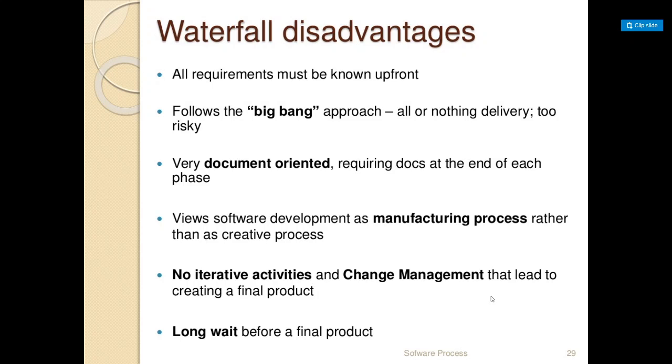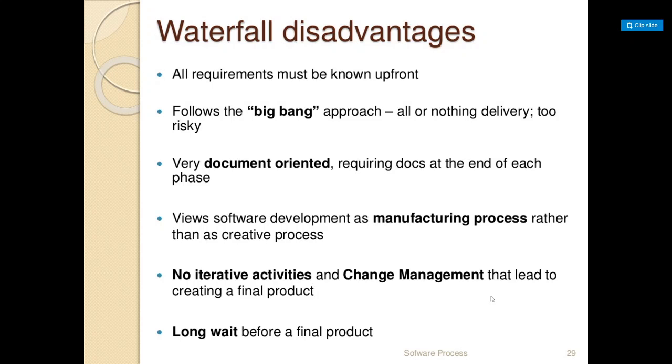It is also very document oriented, that is, at the end of each and every phase a documentation has to be maintained. There is no way you can skip this documentation, because it's very crucial for the next phase in the system. Next, it treats software development as a manufacturing process rather than a creative process.